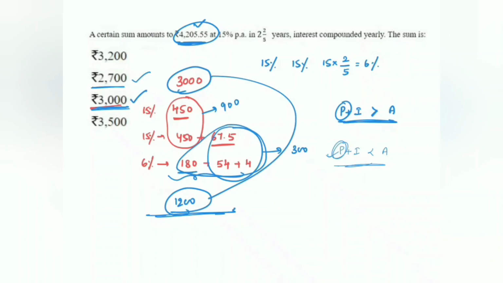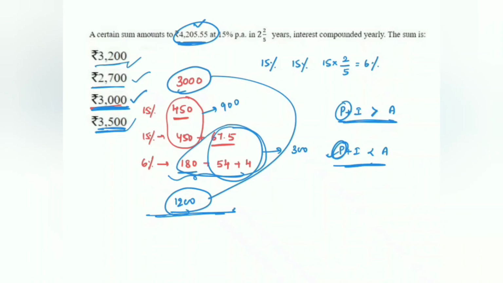Suppose we would have chosen 3200 or 3500 according to the value. If the value is a little less, we would have gone for 3200. If it is very less, then you take 3500. So according to that you have to do it.